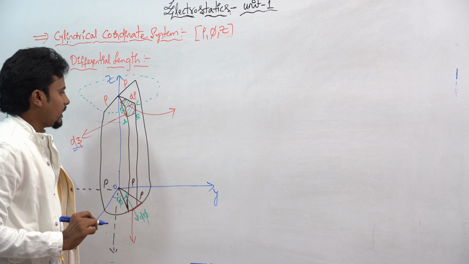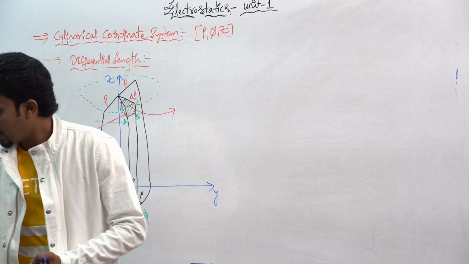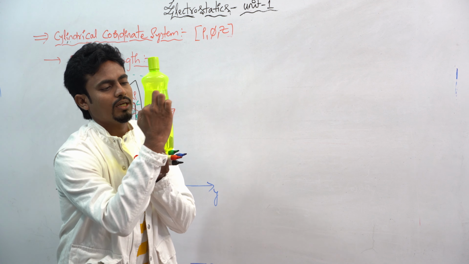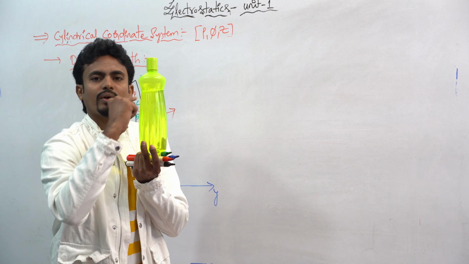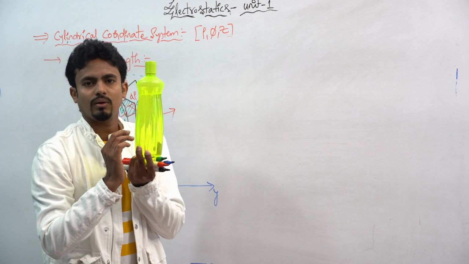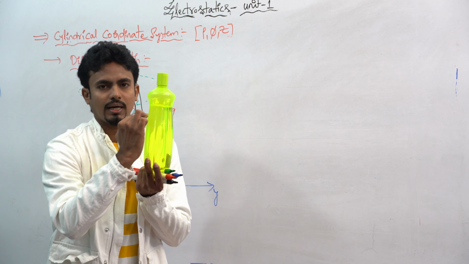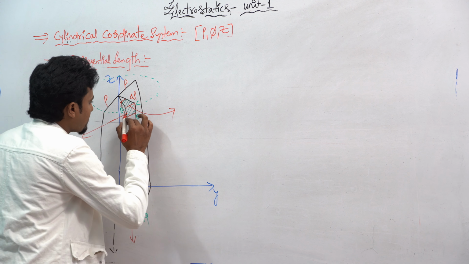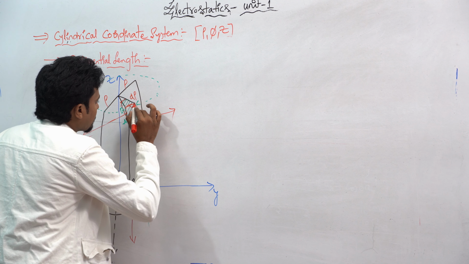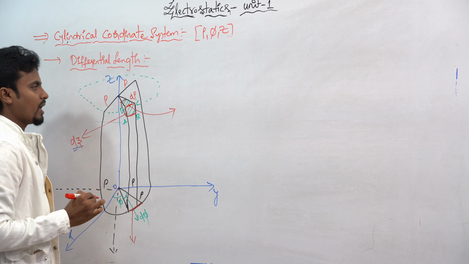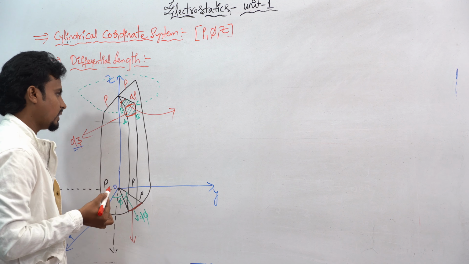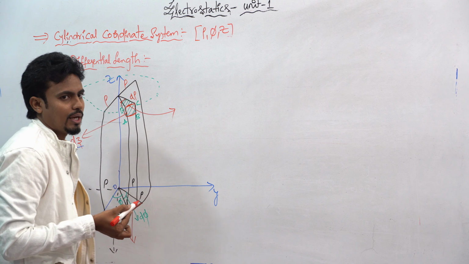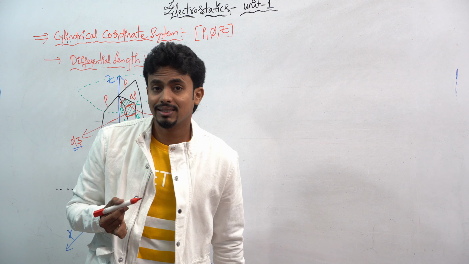Here you can see that when you cut this part, it looks like a curve, not a normal surface. It looks like an arc. In mathematics, how do you find the arc distance?